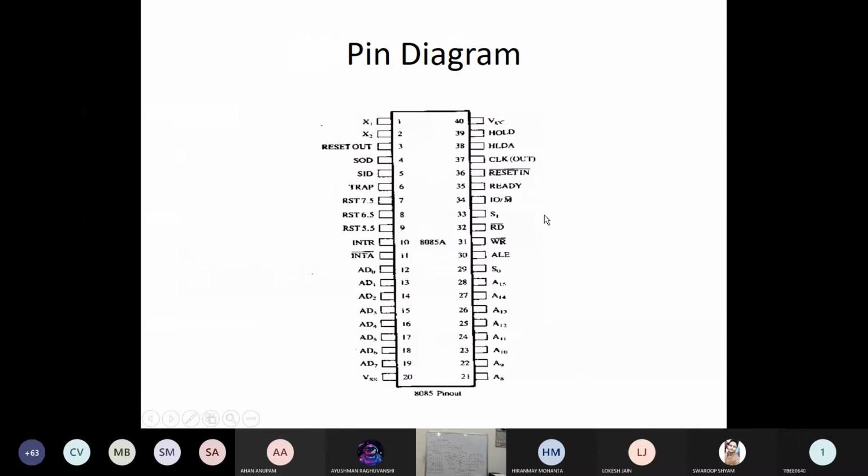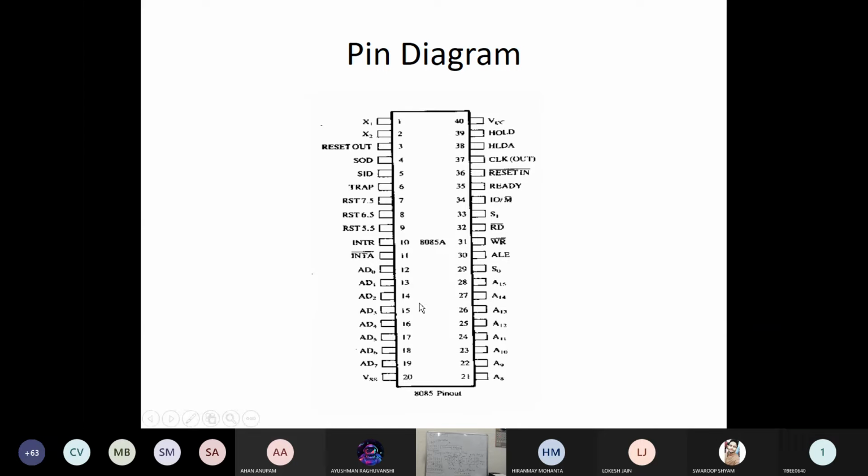This pin diagram. In this one, if I have to explain, this AD0 from pin 12 to pin 19 and pin 21 to pin 28 is called the what? Address and data lines, right?